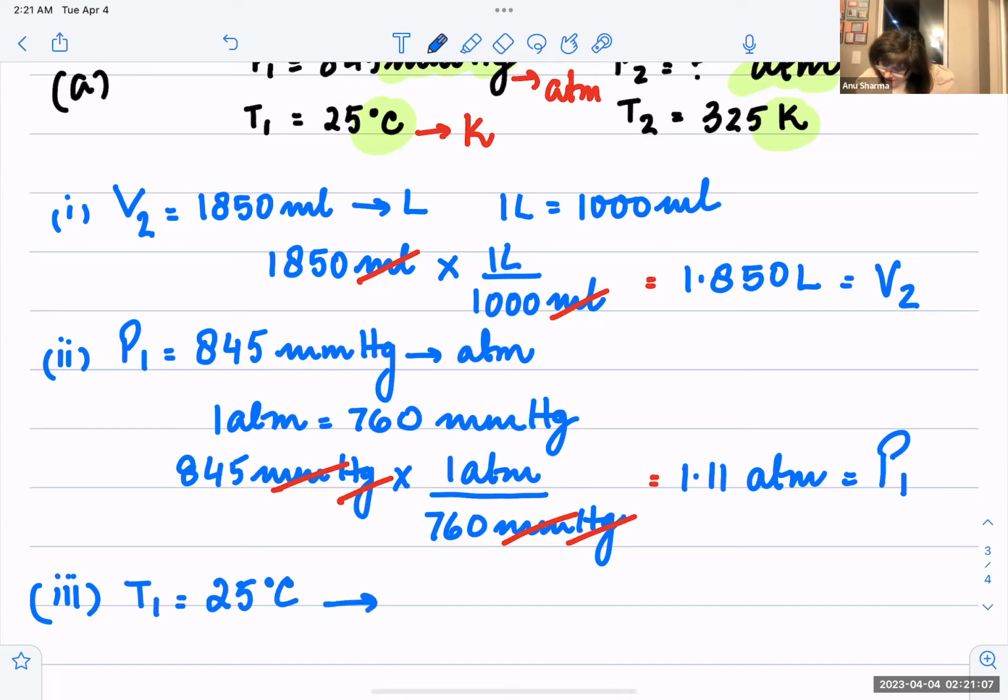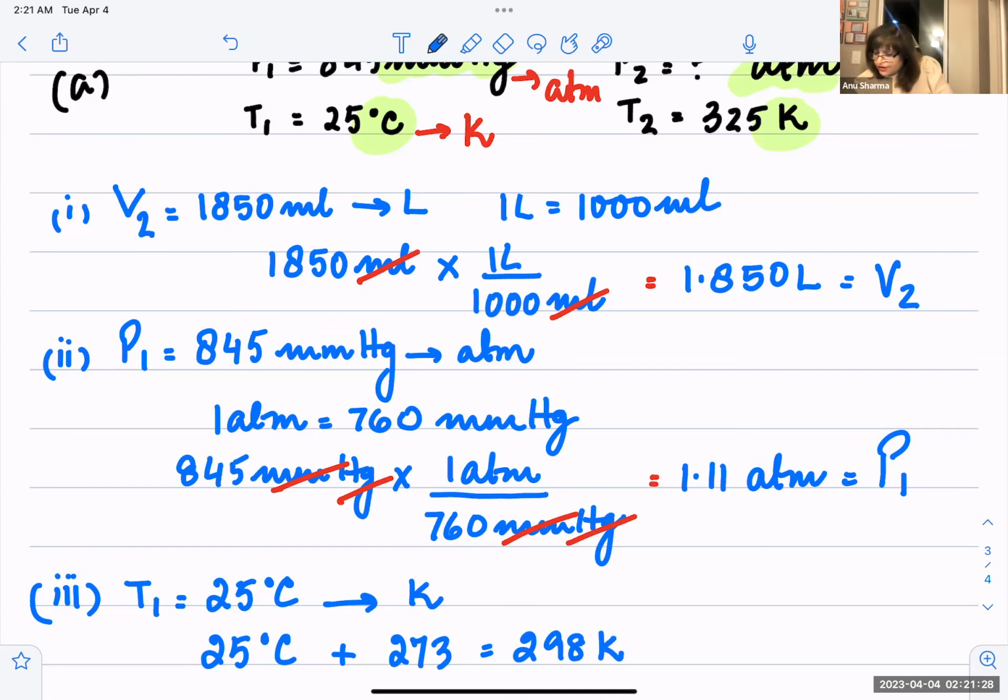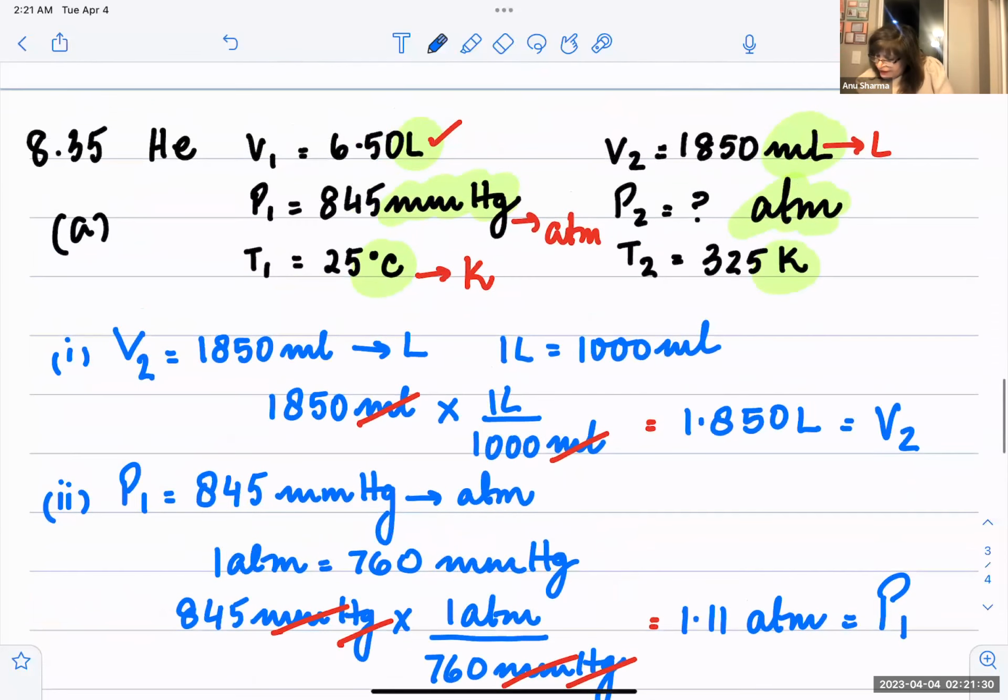Convert that to Kelvin. We take 25 degrees Celsius plus 273, and that gives you the Kelvin. 25 plus 273 is 298 Kelvin.